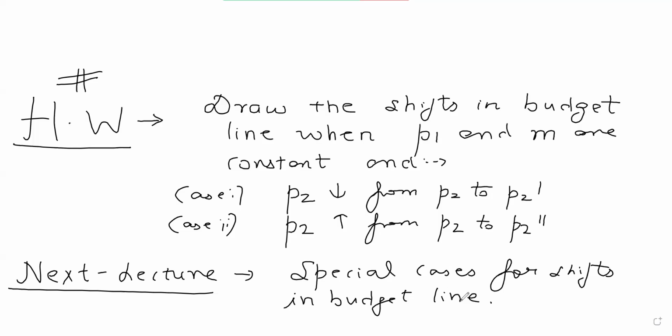In today's lecture, we were looking at changes in income, assuming prices to be fixed, or change in one of the prices, assuming the other price and income to be fixed. So in today's lecture, we were focusing on change in only one factor. But in the next lecture, multiple factors will change. So we are going to look at the impact of those on shifts in the budget line.